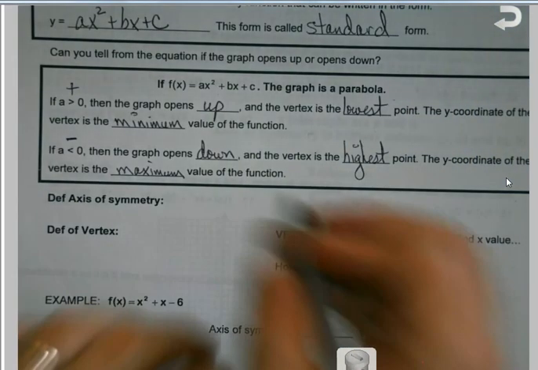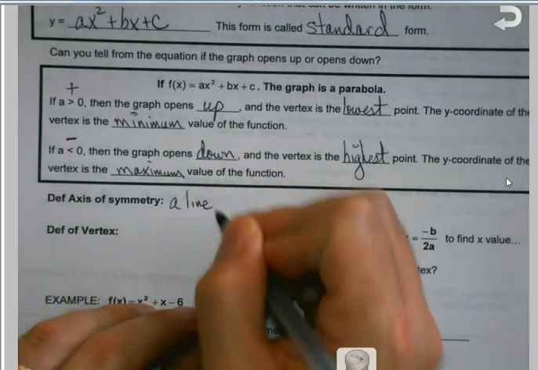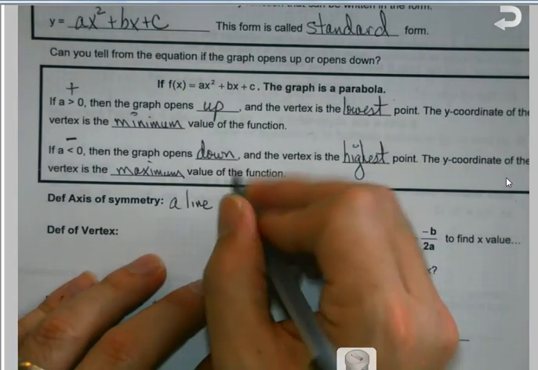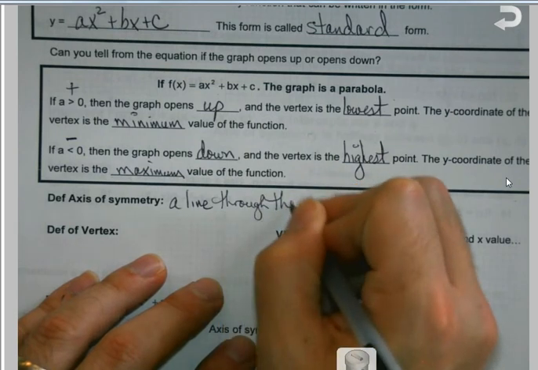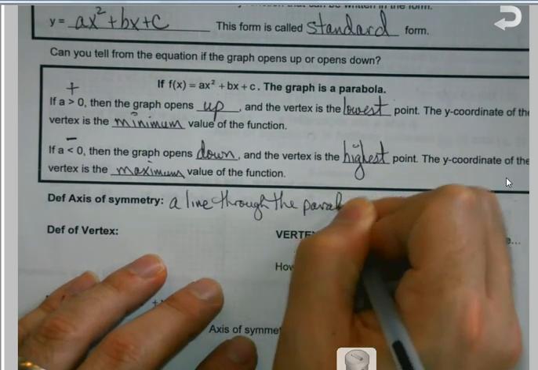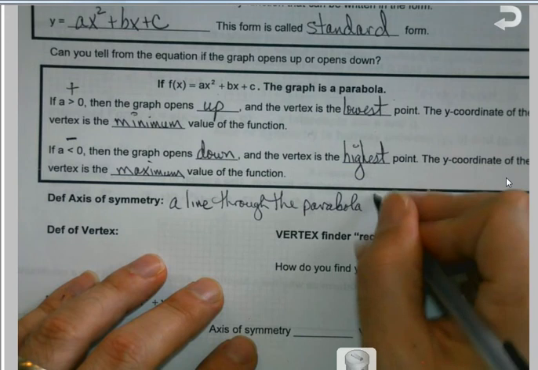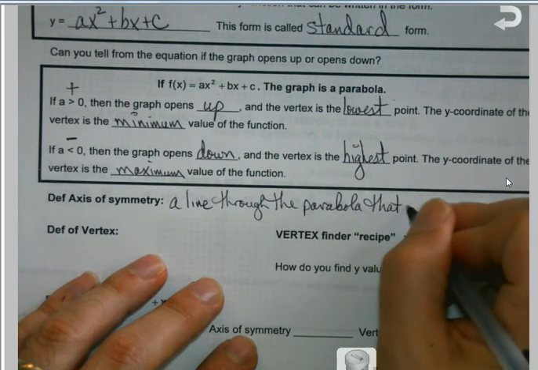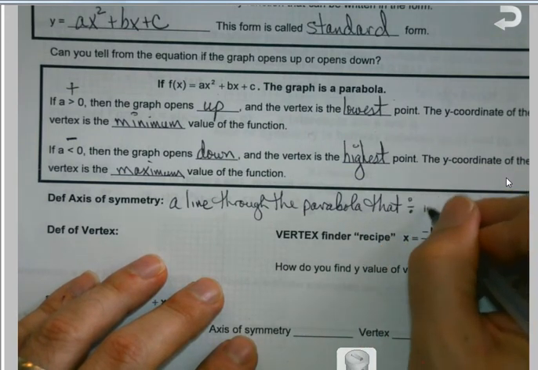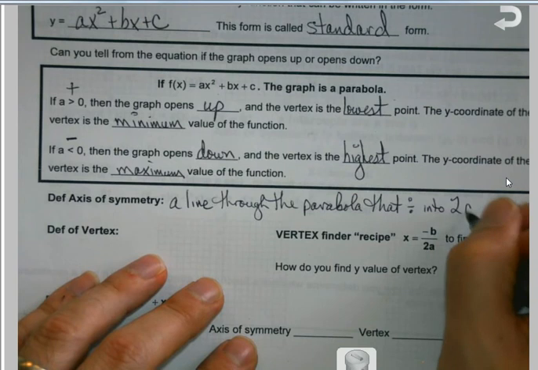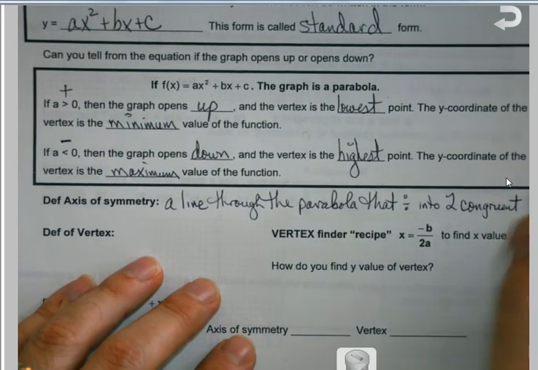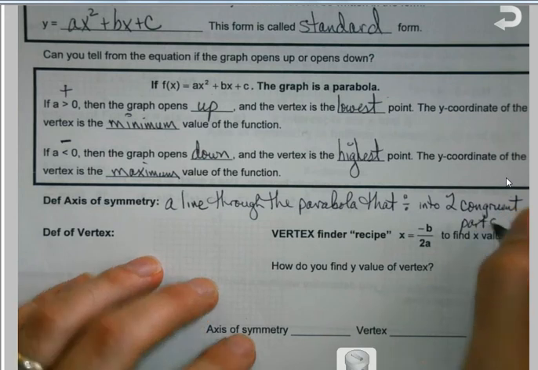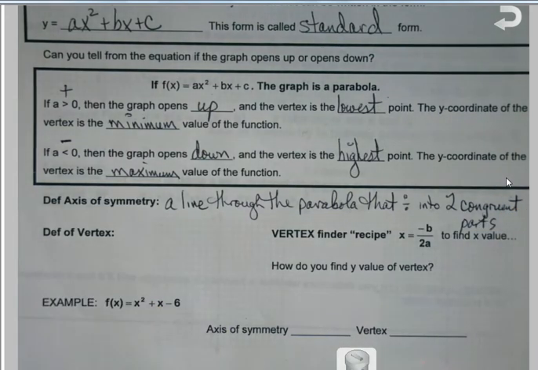and here's how that's going to work. It's always going to be a line through my parabola that divides it into 2 congruent parts. In other words, that symmetry also shows congruency.